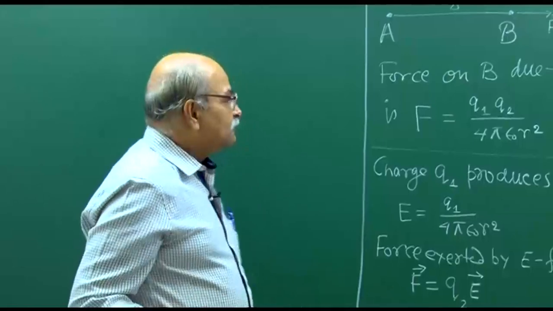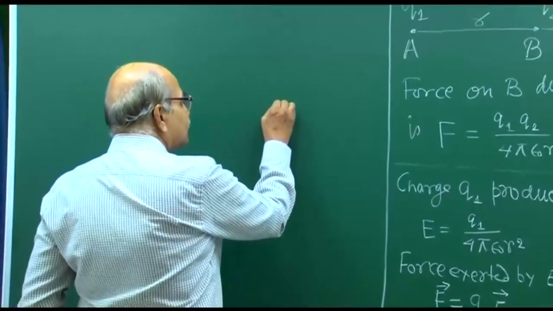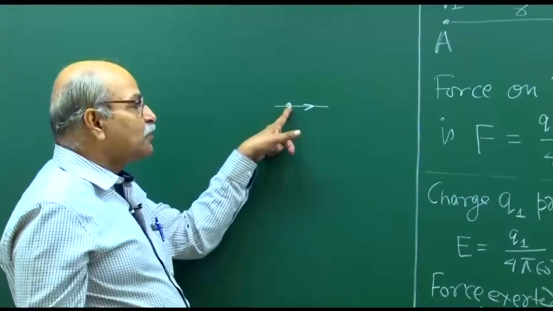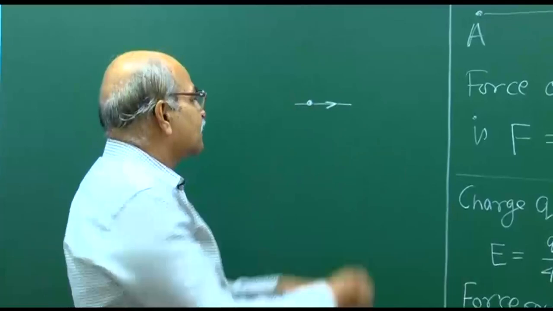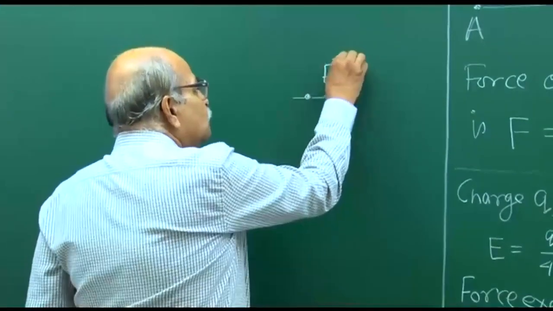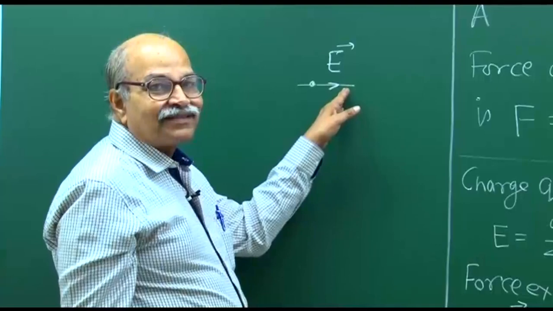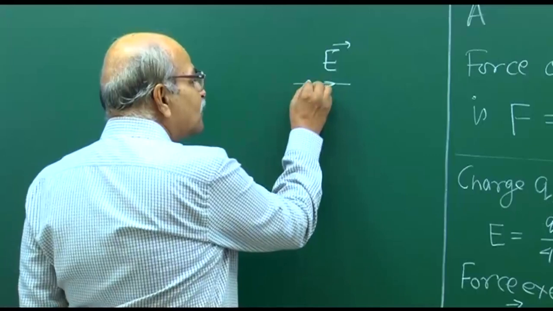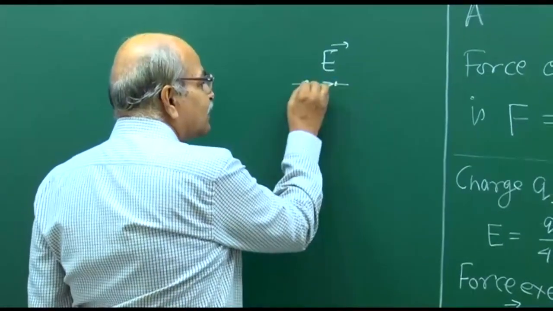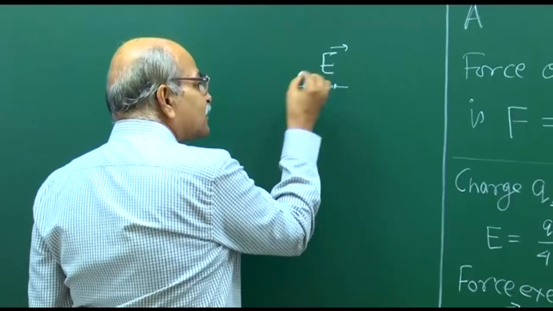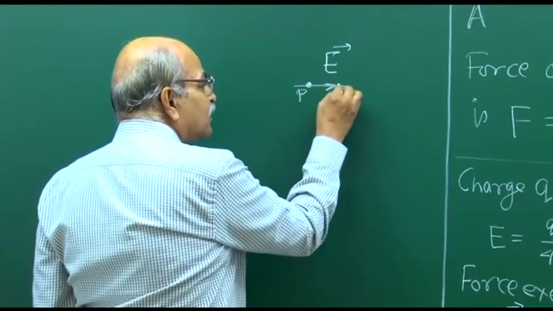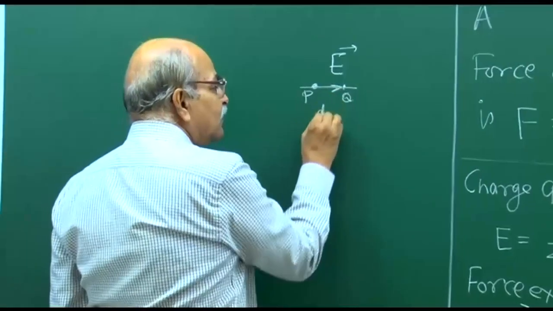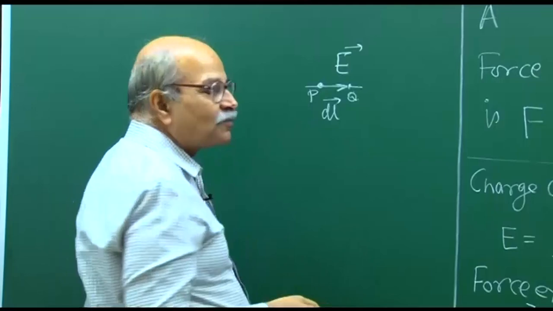If you have an electric field in this direction, and this is some point, and at this point you have some electric field, and you go a small distance along that direction of electric field. So, if you go a small distance here and you reach here, if suppose this point is some point P and this is some point Q, and the separation is small, say dl, and you can put this vector also.